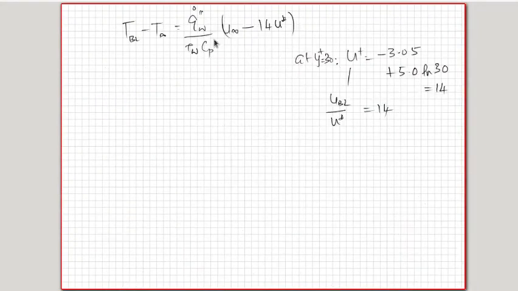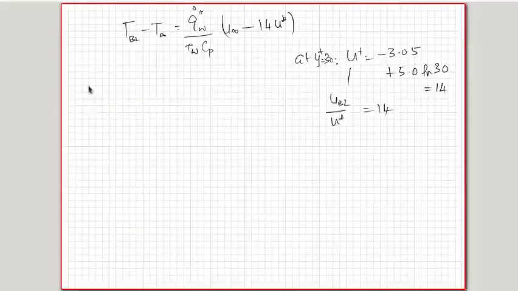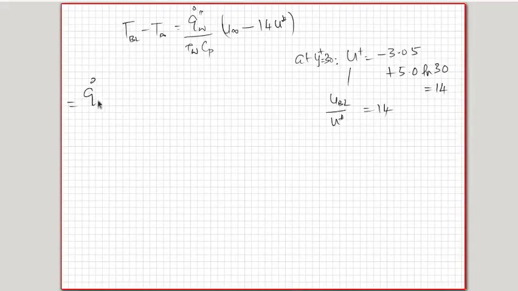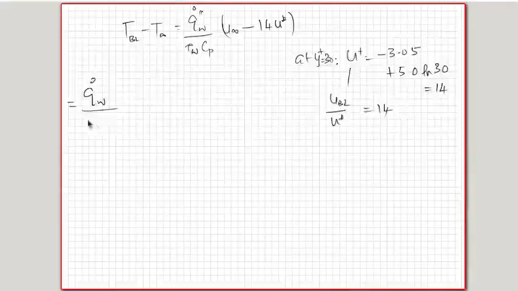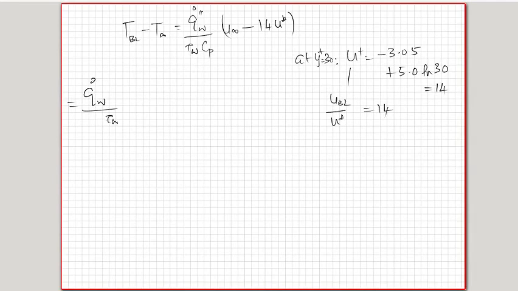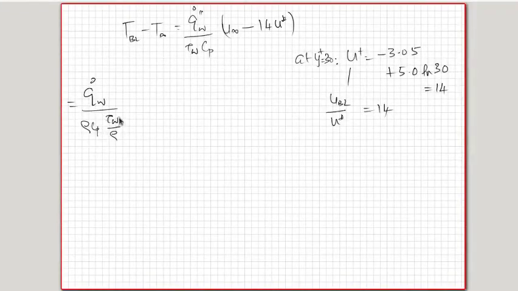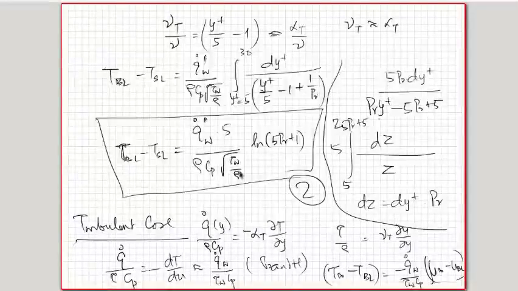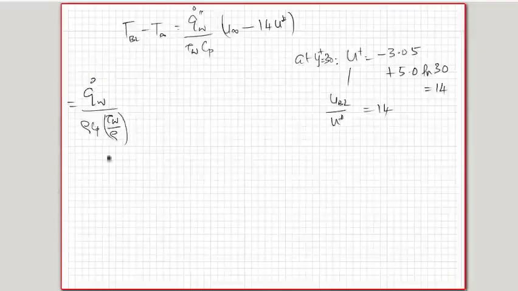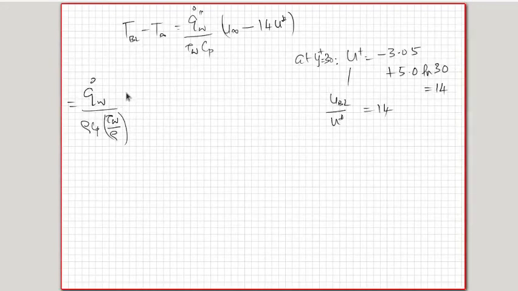So I can write this as equal to q wall divided by tau wall by rho into rho Cp. Okay, and in this expression you have a square root of tau wall by rho, so you keep one square root of tau wall by rho, the other you take it to the other side, multiplied by u infinity minus 14 u star.